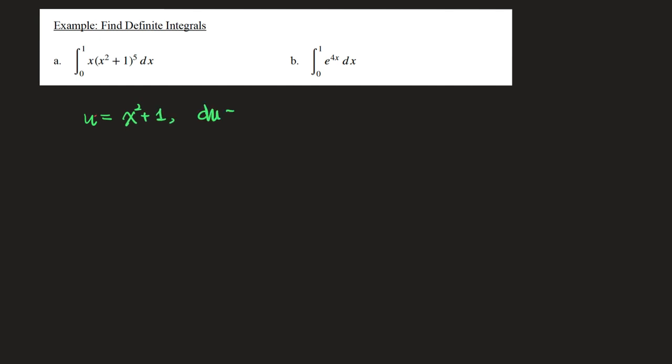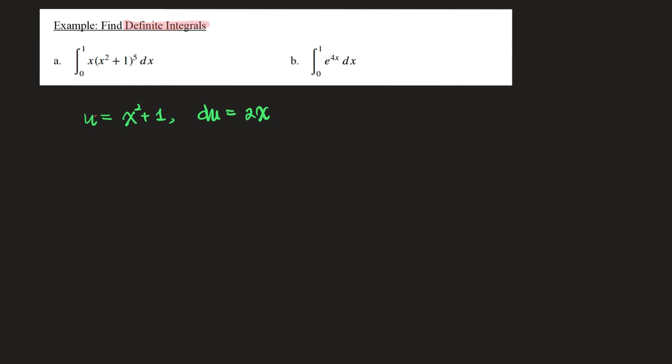What is du? Du is 2x dx. Everyone did the same thing, right? Now, since this is a definite integral, you're going to change the boundary too, guys, okay?